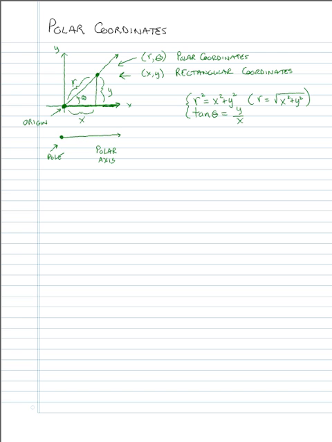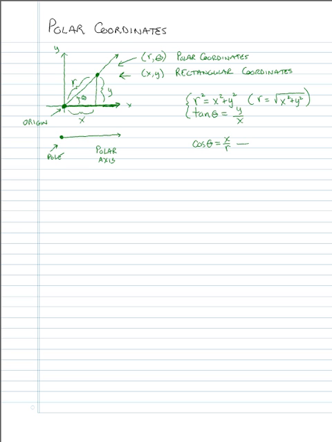Now, there's something else that we can do here. Notice that the cosine of theta is adjacent over hypotenuse, so that's x over r.